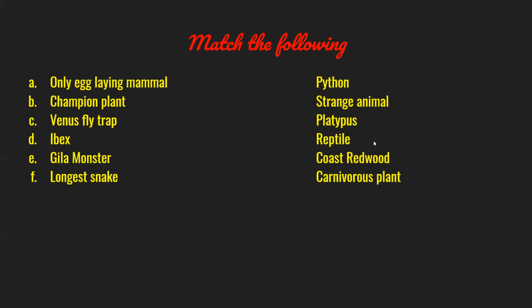Because this coast redwood tree is found in California, and it is very tall. It is 115.55 meters tall. That's why the coast redwood tree is called the champion. Carnivorous plants are eating the small insects.